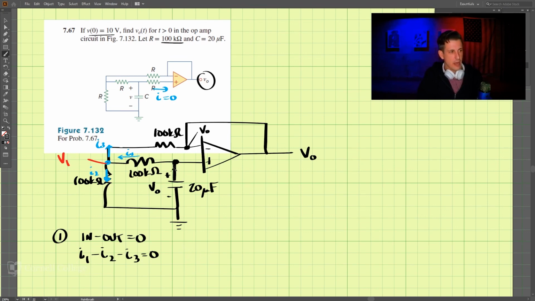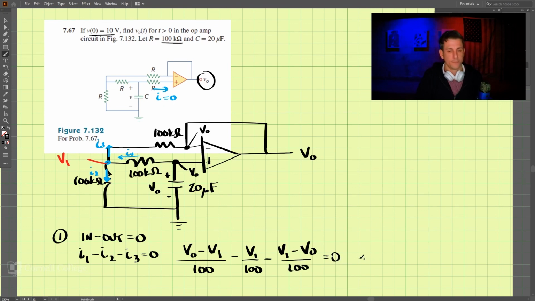So that is V naught minus V1 over 100. And then I2 is just V1 over 100, and I3 is V1 minus V naught, divided by 100, equals 0.